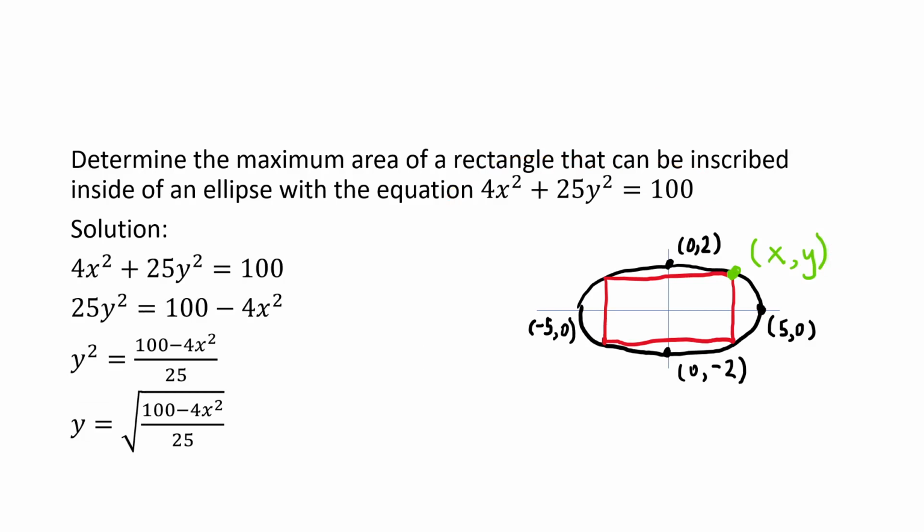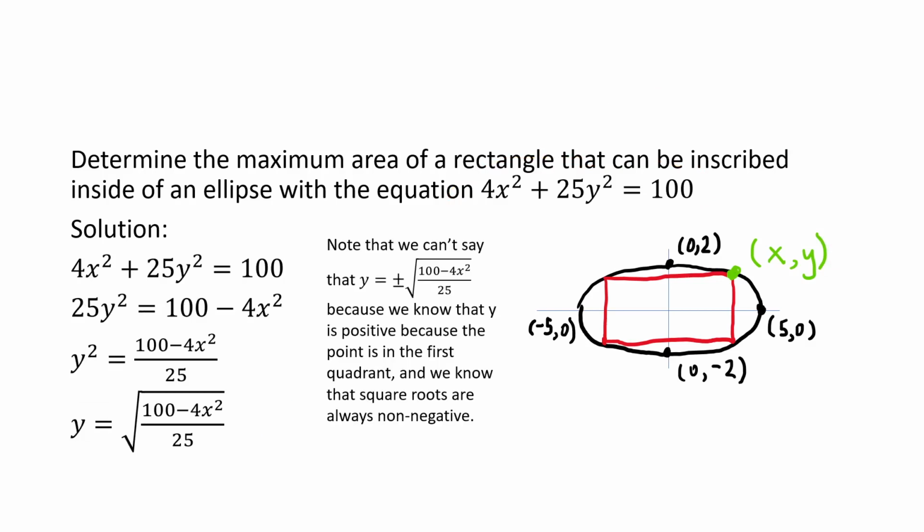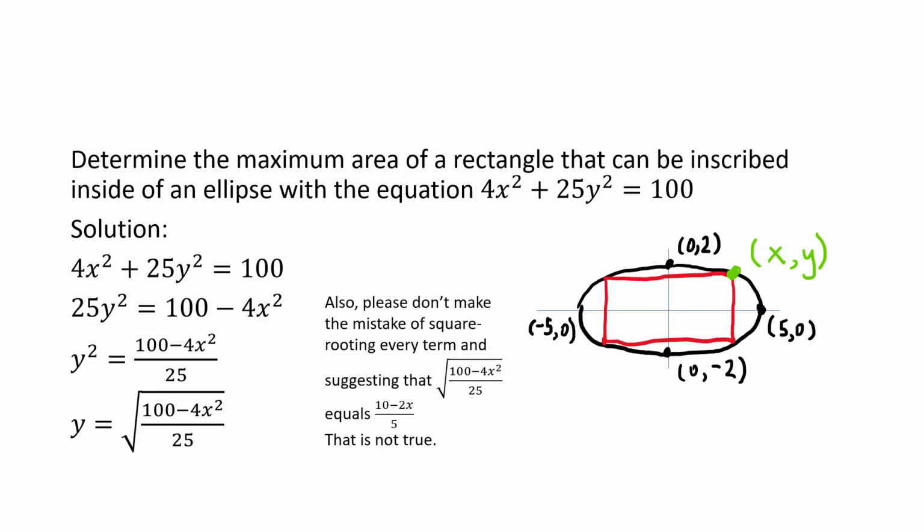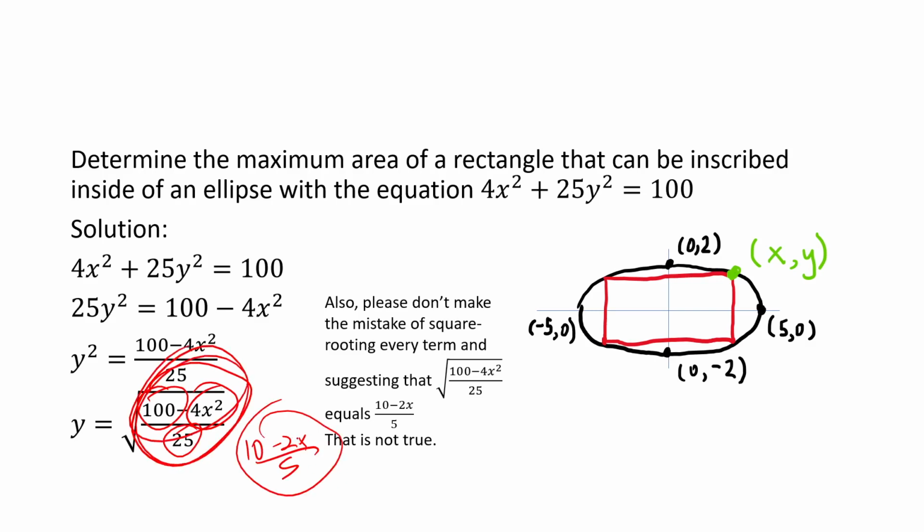So showing that same work here, we see that y is equal to the square root of 100 minus 4x squared all over 25. And again, as we mentioned, we don't say y is plus or minus because we know y to be positive. And a mistake sometimes people make is they'll say, okay, well, the square root of 100 is 10, the square root of 4x squared is 2x, the square root of 25 is 5, and they'll just replace this big expression under the square root with 10 minus 2x over 5.